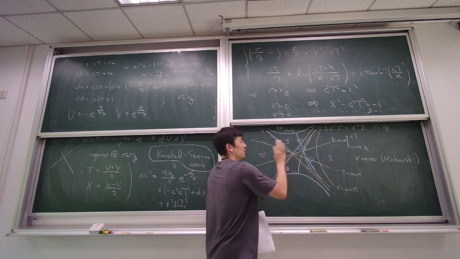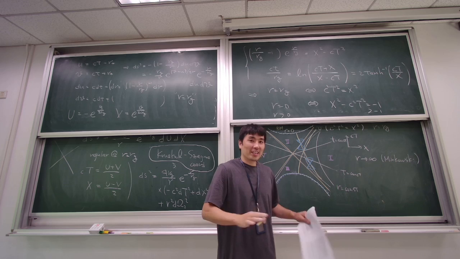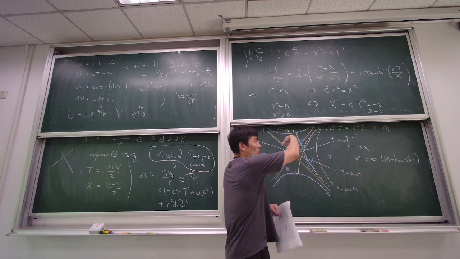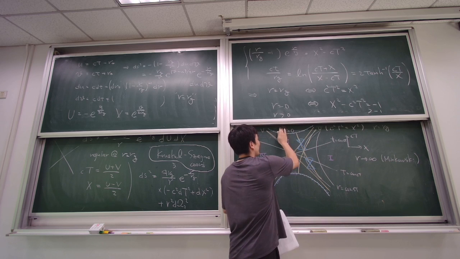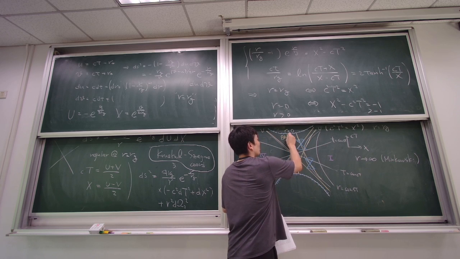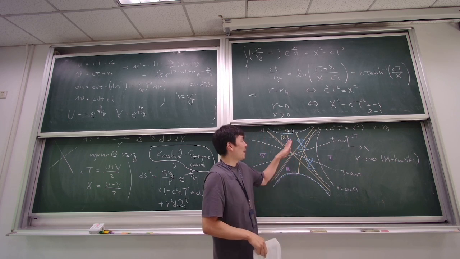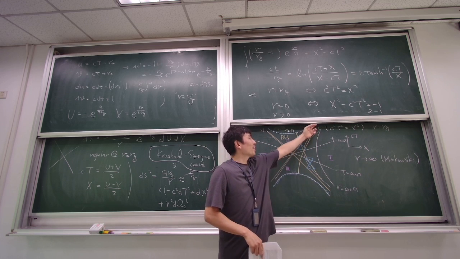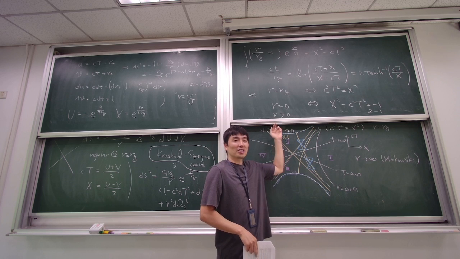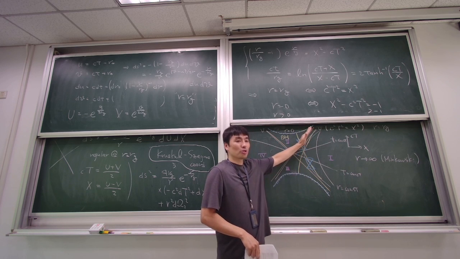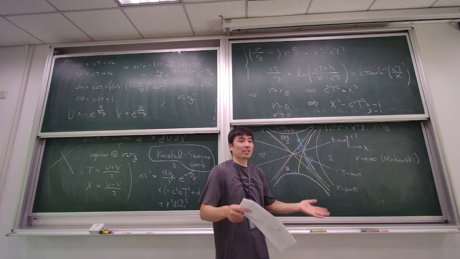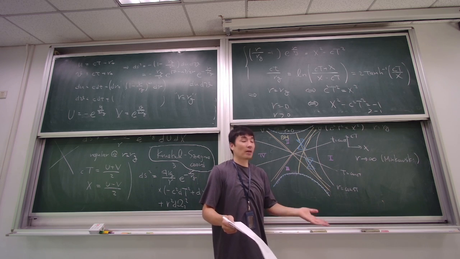So remember, when you say black hole, region 2 is called the black hole. But this doesn't necessarily mean only the singular point R equal to 0. Black hole means region 2, including all the space-time inside the event horizon.